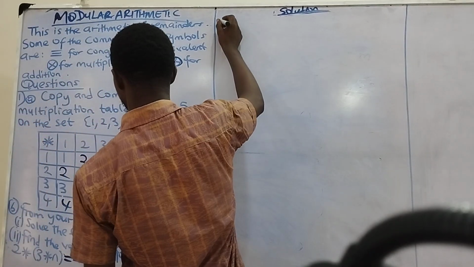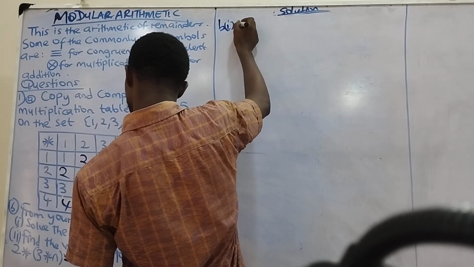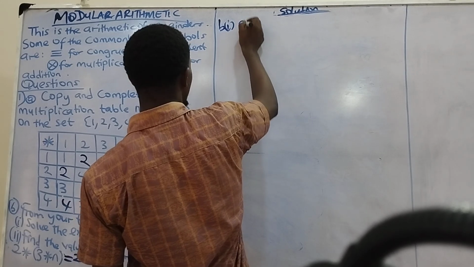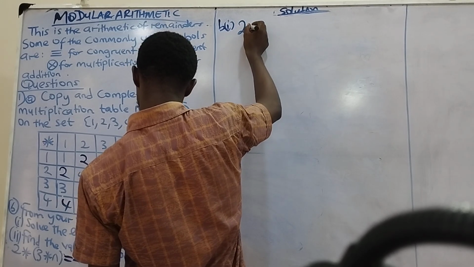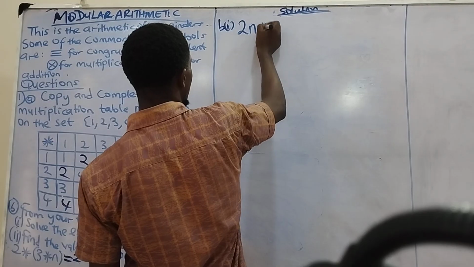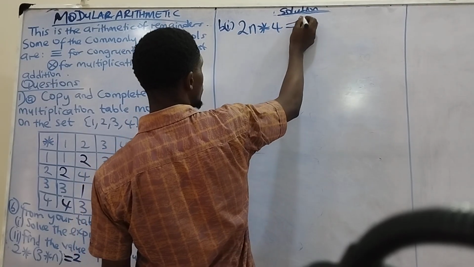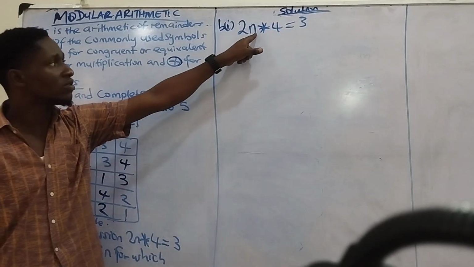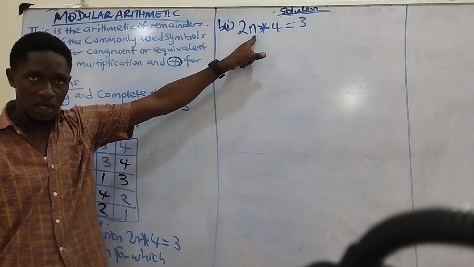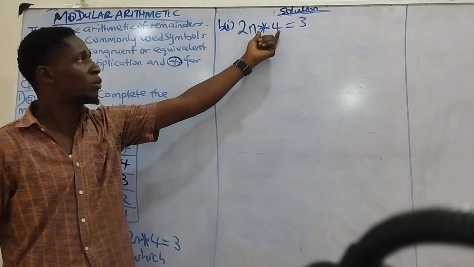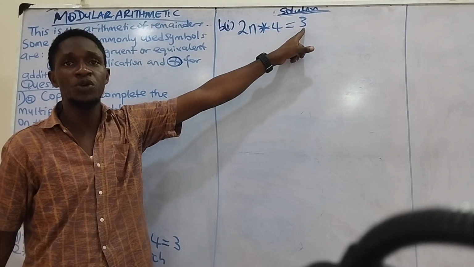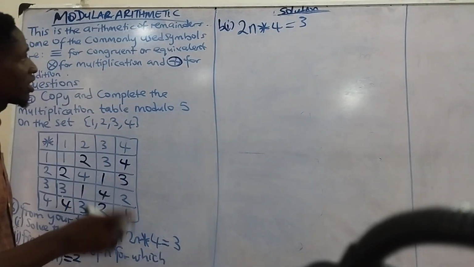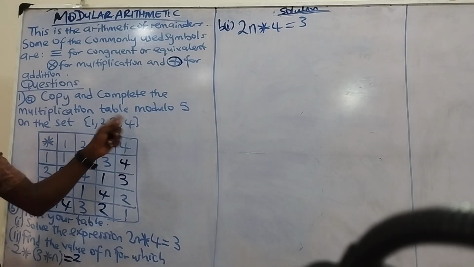So let's go to part (b)(i). They ask you to solve the expression 2 times n times 4 is equal to 3. What they are trying to ask you here is: what number n should be here, such that when you multiply it by 2 and then by 4, that will give you 3. Remember we have 1, 2, 3, 4 here.